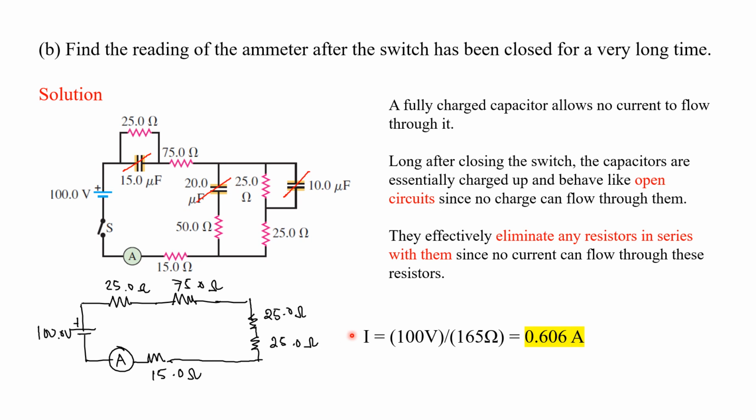Always remember that after a very long time, your capacitor allows no current to flow through it, so we just eliminated any resistor that is in series with your capacitor. And remember that your ammeter is always connected in series with your circuit. That is how you're going to read your current in your circuit.